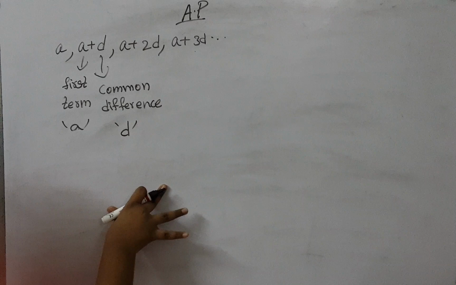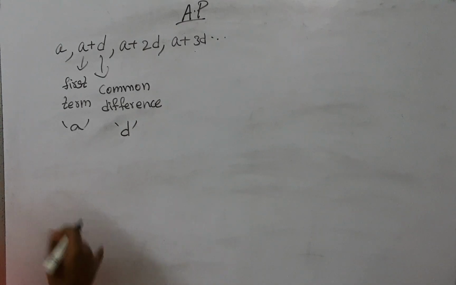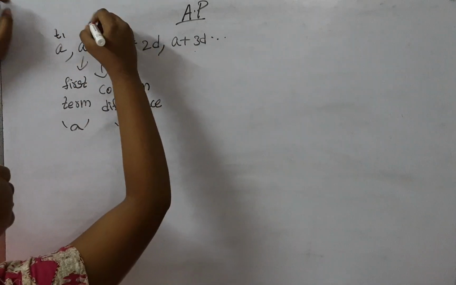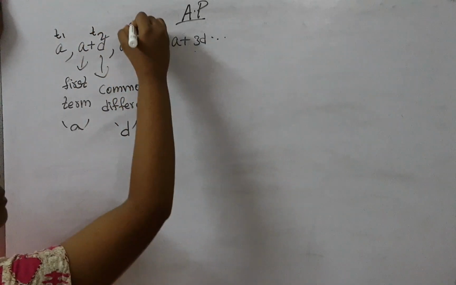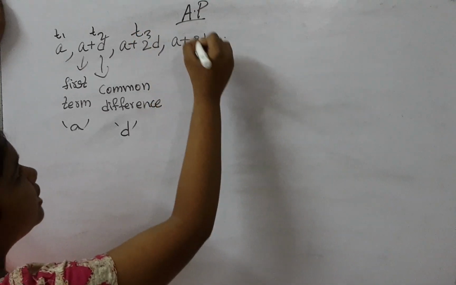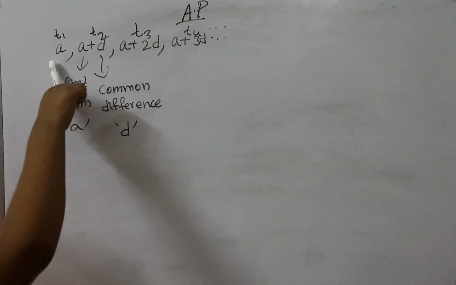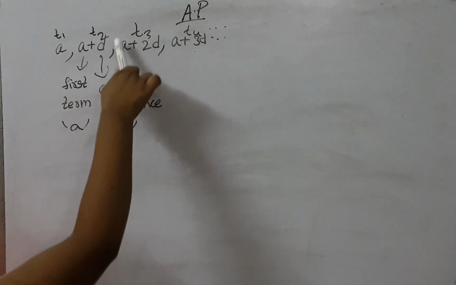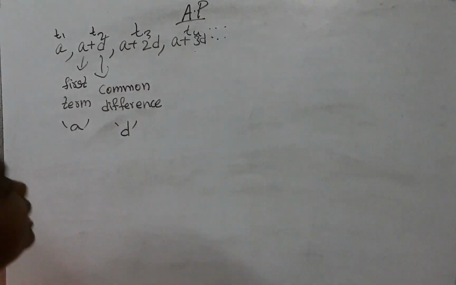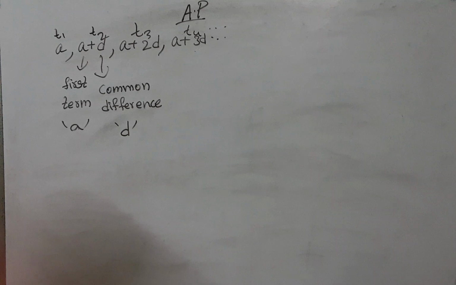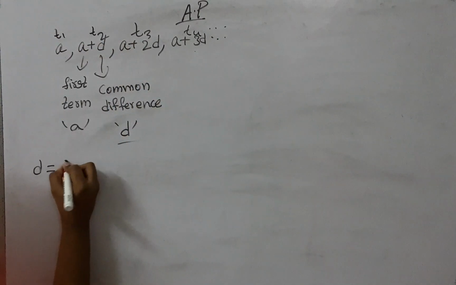How to find out this d, common difference? Here a represents T1, a plus d represents T2, a plus 2d represents T3, a plus 3d represents T4, and so on. d is equal to T2 minus T1.